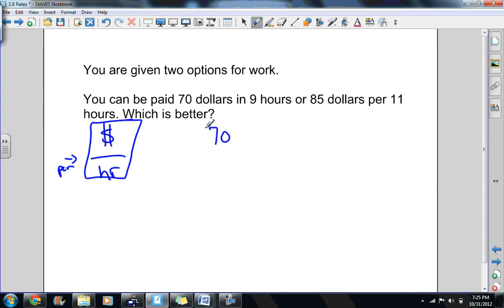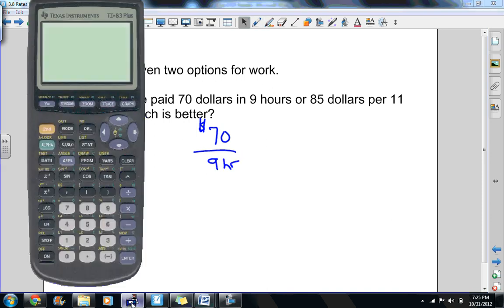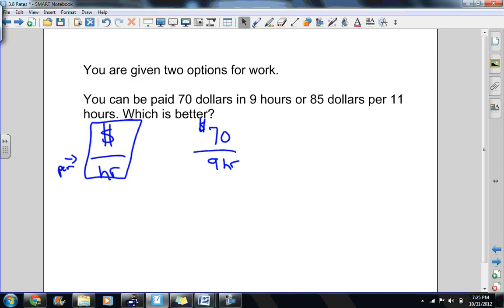So for the first one, I get $70 on top, and I get 9 hours on bottom. And if I divide those two numbers, I get about $7.78 per hour.